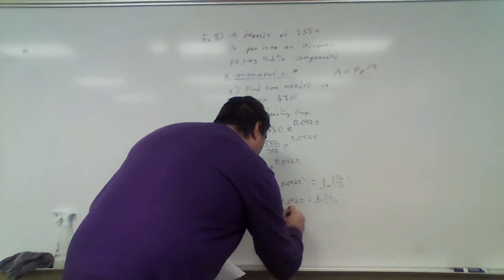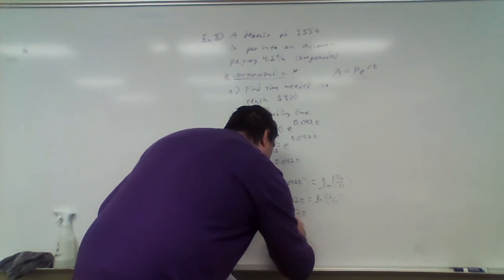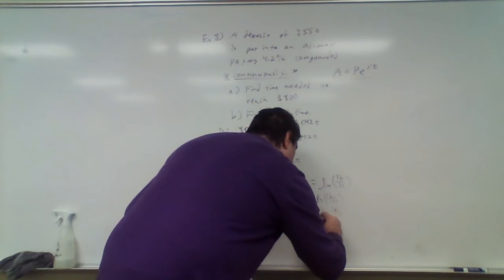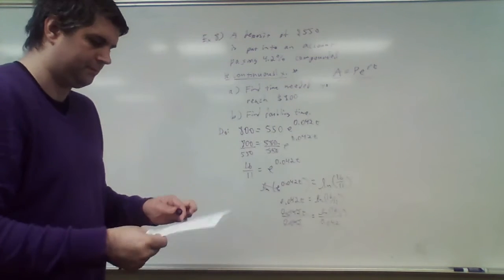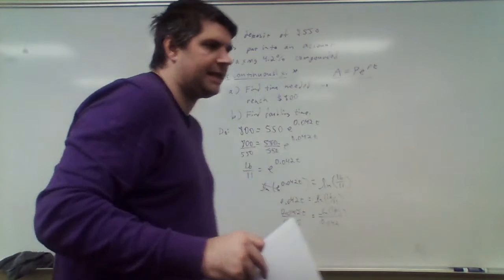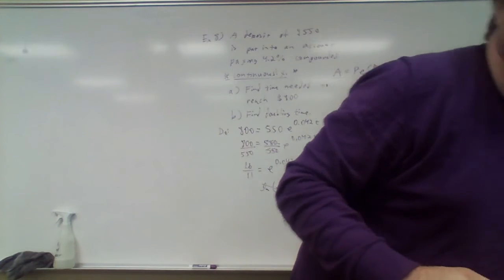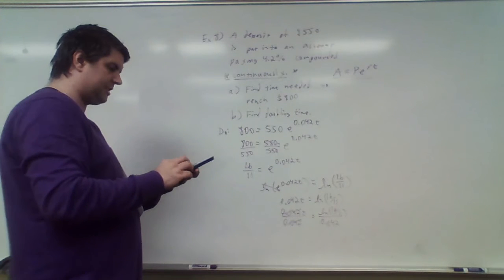Next, you want t by its lonesome, so you will divide off the 0.042. You'll do the same thing over here. All right, so I get my calculator. I will take the natural log of 16 elevenths.